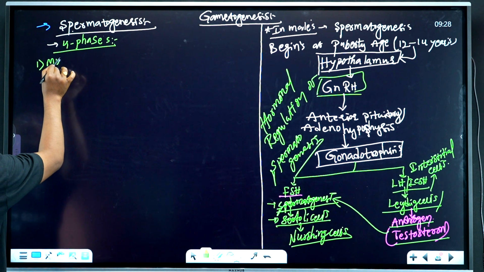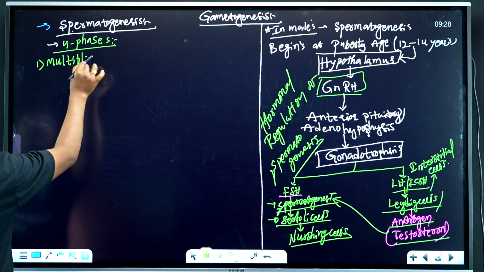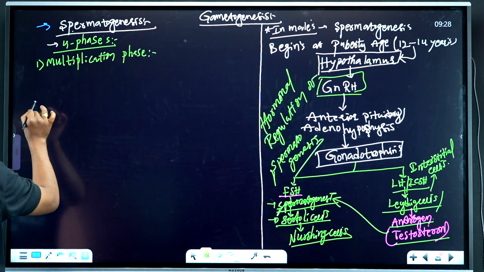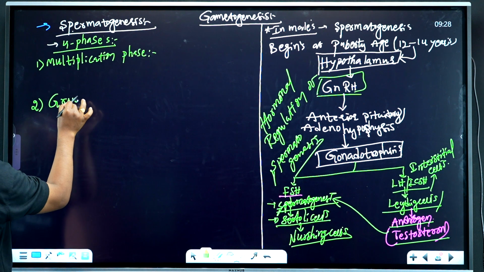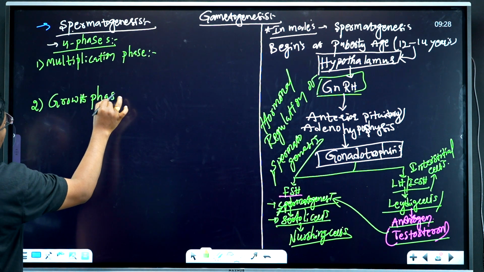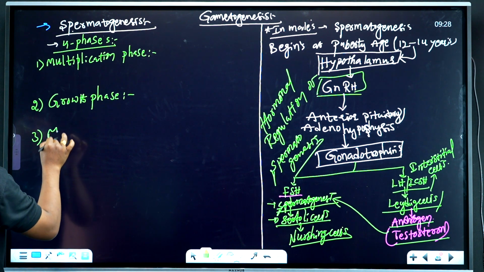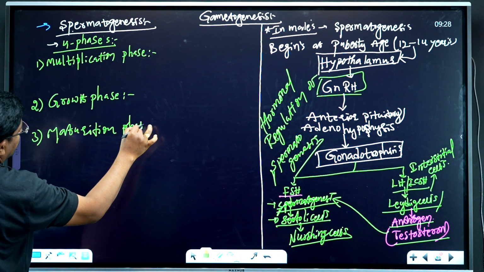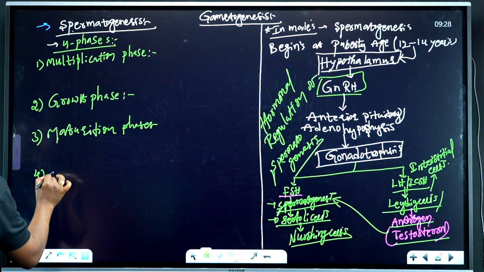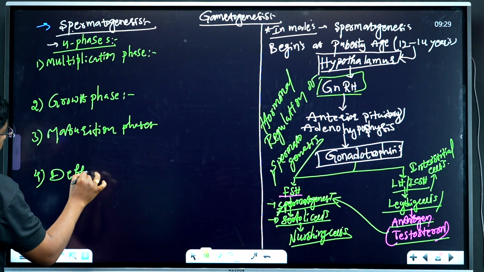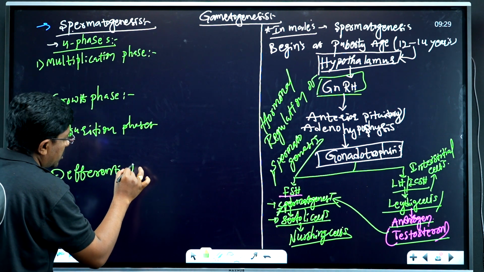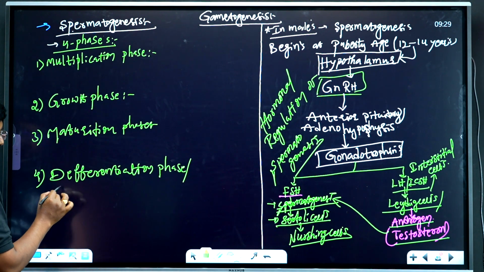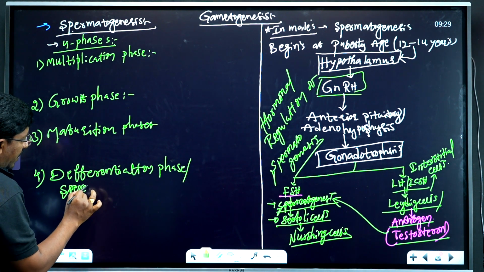One is the multiplication phase, the second is the growth phase, the third is the maturation phase, and the fourth is the differentiation phase, which is also called spermiogenesis.